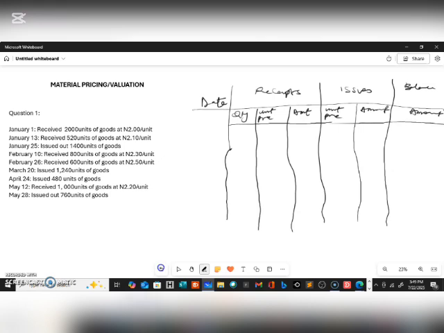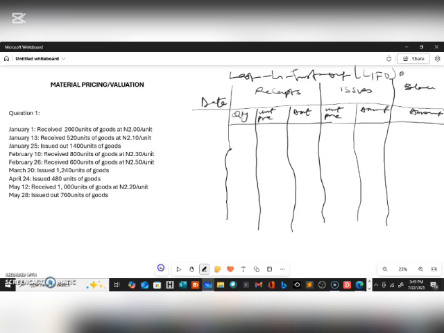Now we have the four major columns, that is the date, the receipts, the issues, and the balance. So we're going to start with the last in first out method, also known as the LIFO method.